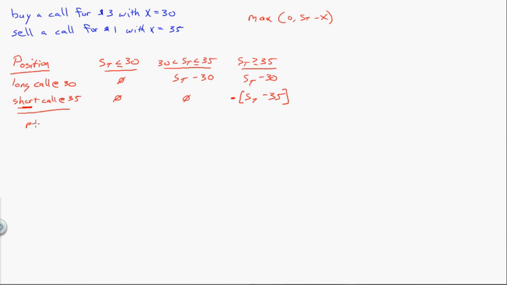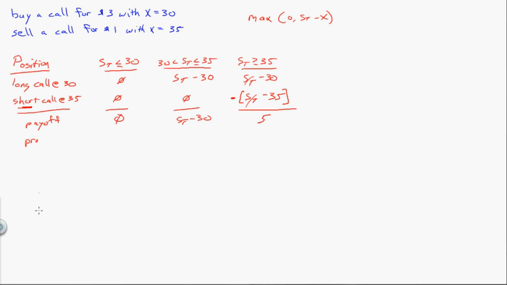So here I do my total payoff: 0, ST minus 30, and this is going to be a payoff of 5, right? Because the STs go away. This is positive 35, that's minus 30, so the payoff is 5.